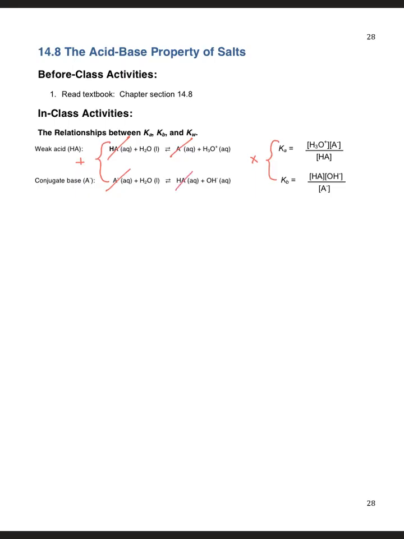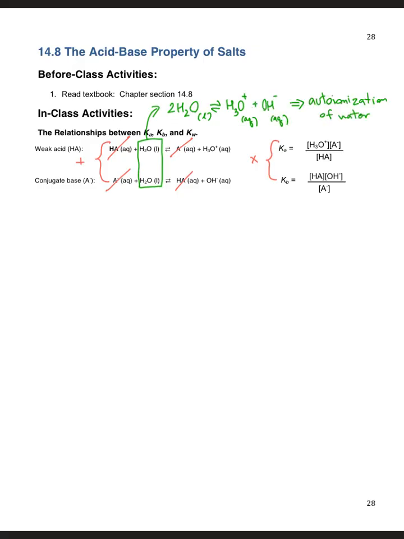If you look at the product of this combination closely, you will end up with two water ionized into hydronium ions and hydroxide ions. And this equation is the autoionization of water.